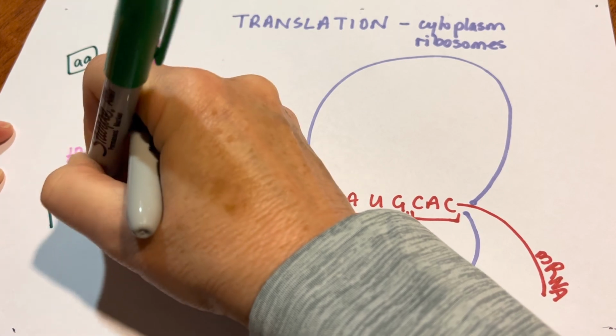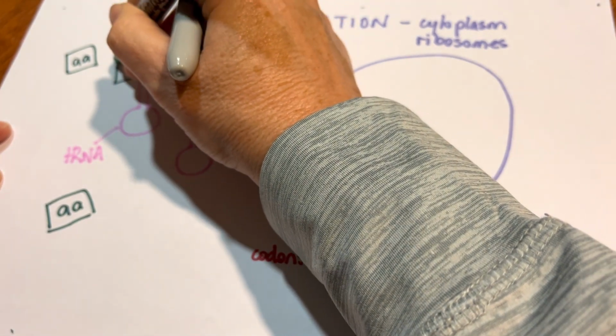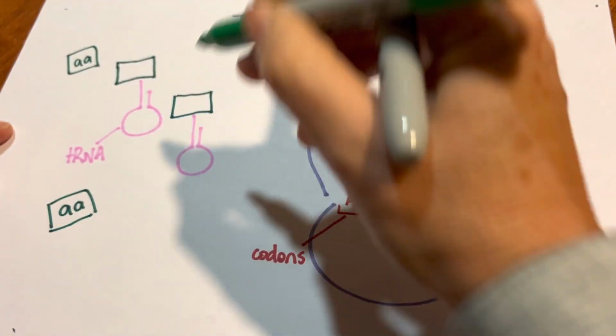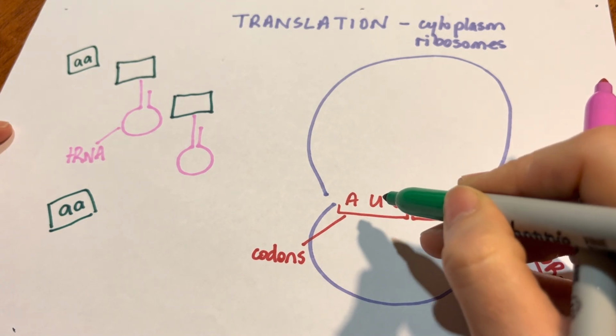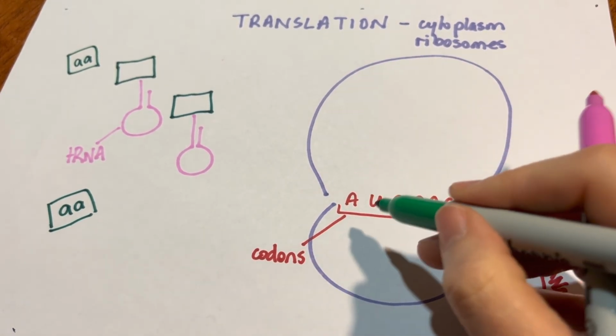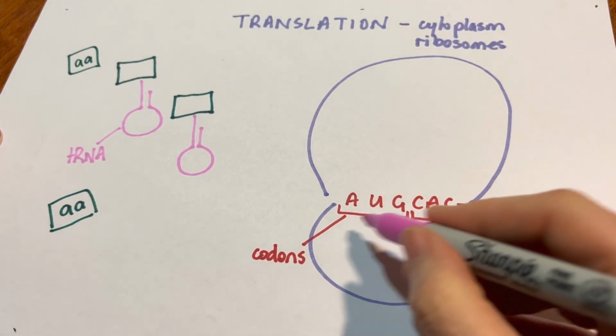It's going to transfer amino acids by attaching them to one part of the tRNA and bringing them to the ribosome. But they don't bring them in any old order. They bring them according to the bases that are on the mRNA, the codons.